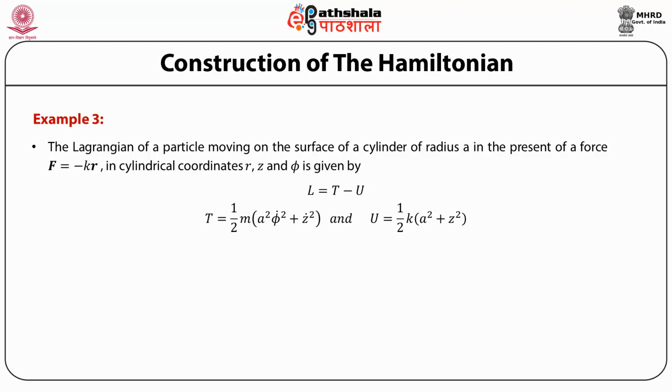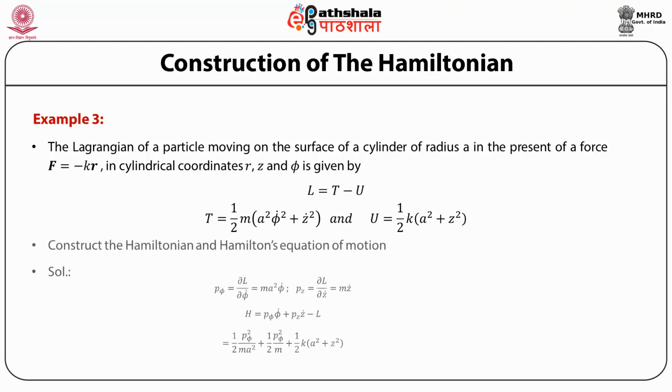The potential energy is half k r square, which in cylindrical coordinates is half k (a square plus z square).